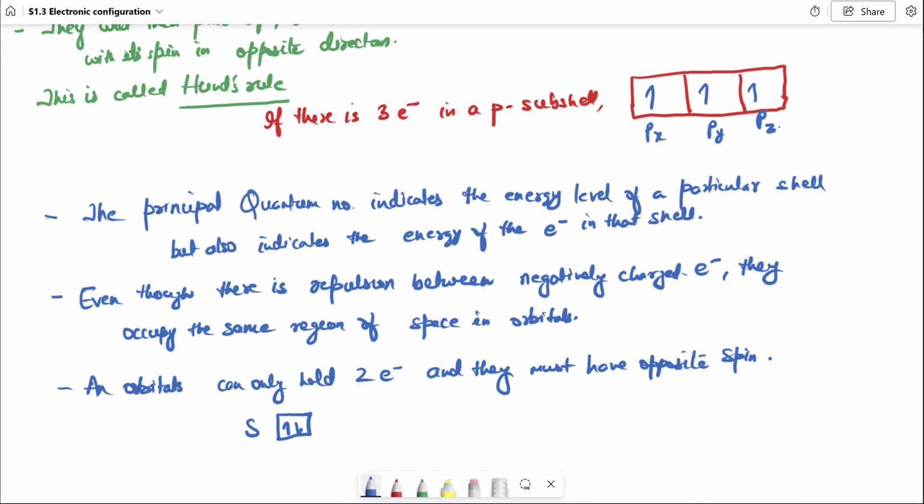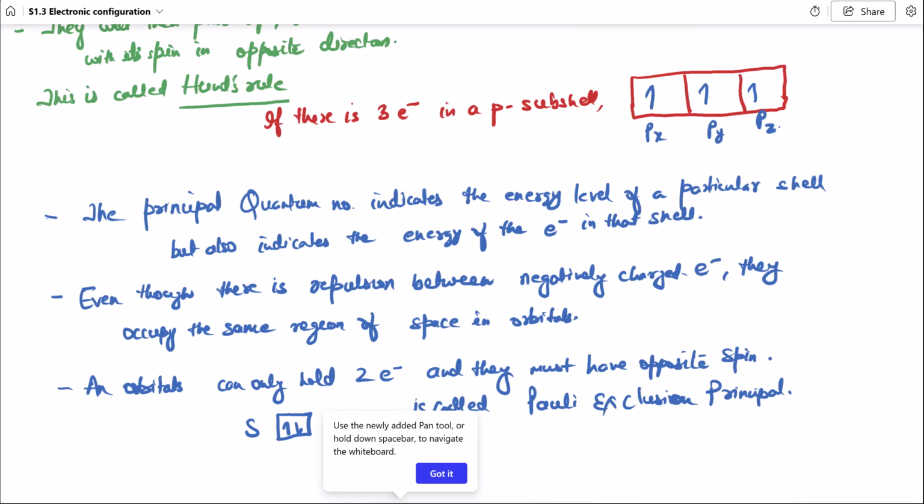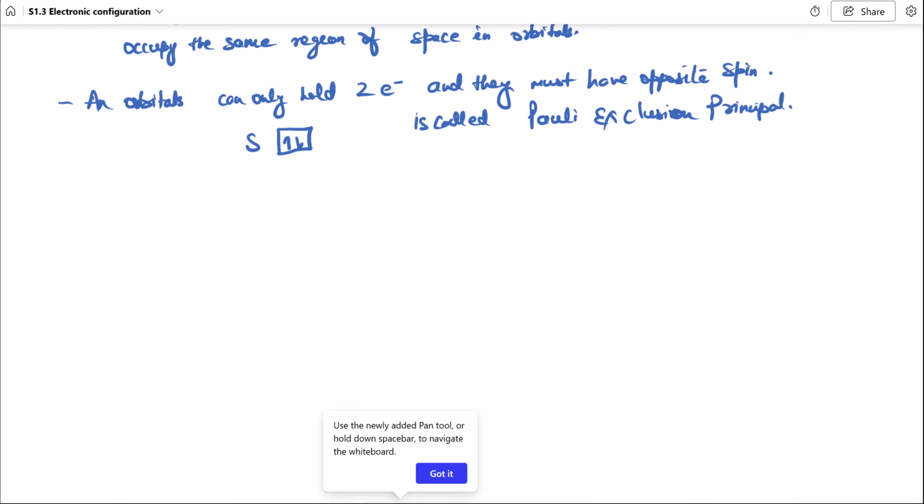This is called the Pauli Exclusion Principle. Right? So this is very important, that we should understand that this is required. Else the repulsion will happen and the atom is not going to exist in a stable condition.